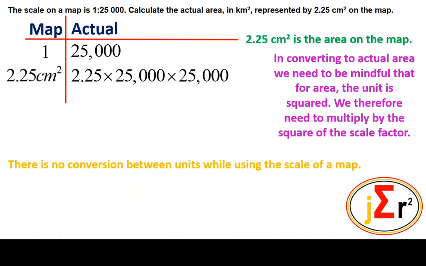There is no conversion between units while using the scale of a map. Therefore, when we are converting 2.25 centimeters squared to actual area, there is no change in unit. There is no unit conversion. So the value that we get is going to still be in square centimeters or centimeters squared.